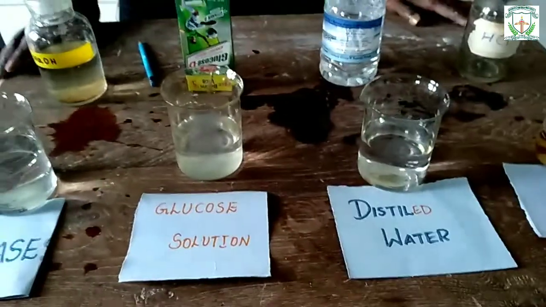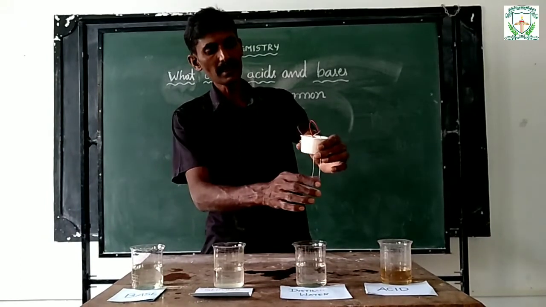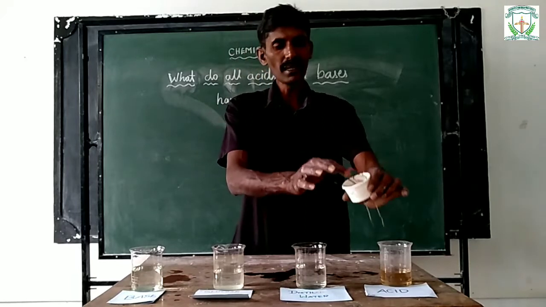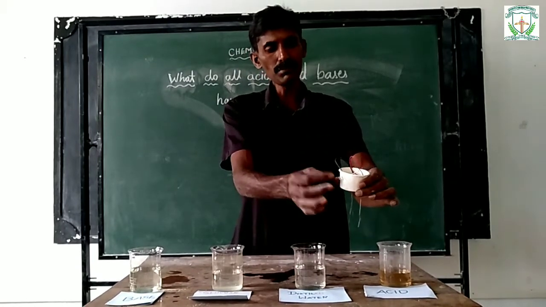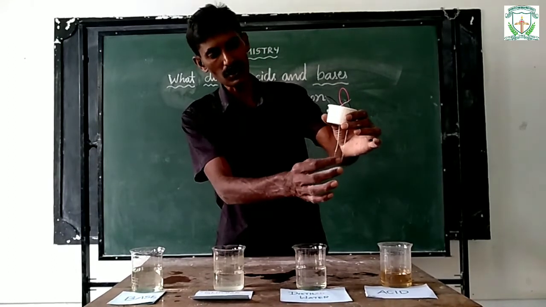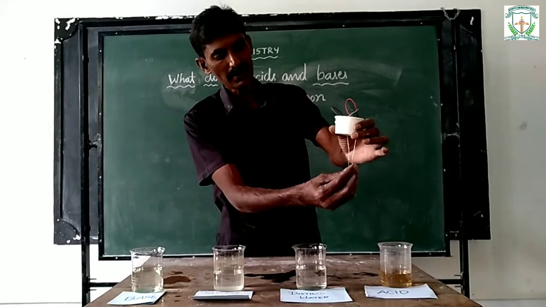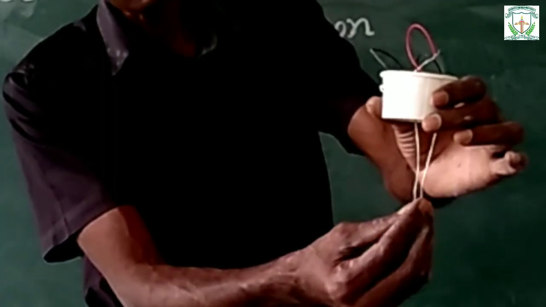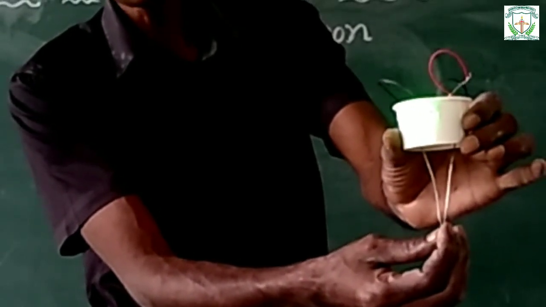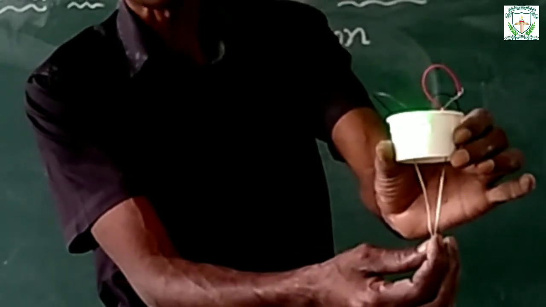Then I made a small electric device: battery, LED bulb, wire, and two electrodes, anode and cathode. When the electric circuit is complete and I touch here, the bulb is glowing, which means the circuit is completed.